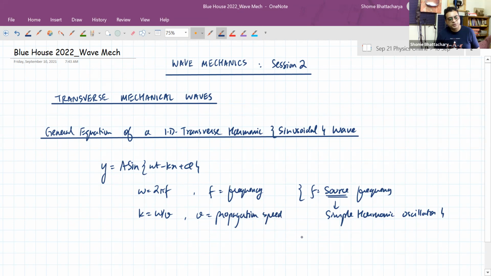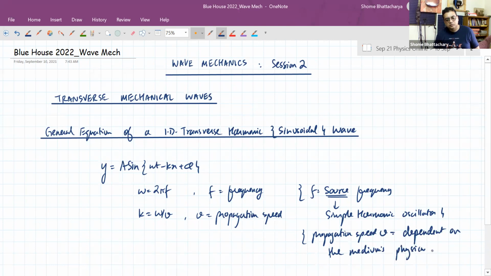Now the propagation speed is dependent on the medium's physical properties: tension and linear mass density.